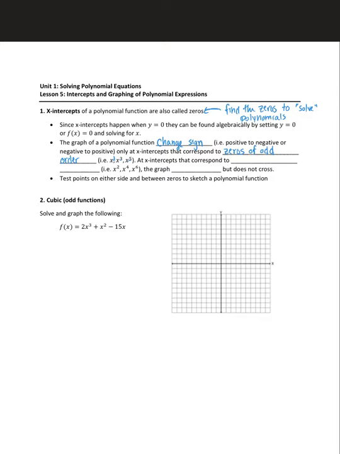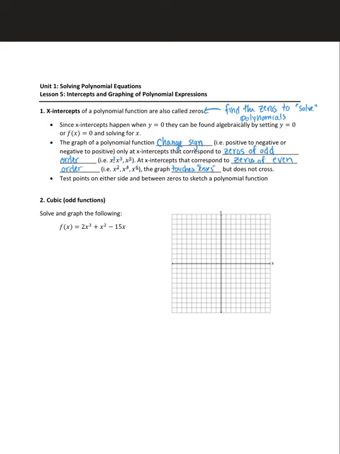If x-intercepts correspond to zeros of even order, like x squared, x to the power of 4, x to the power of 6, those are all evens, then the graph touches, or kisses, but does not cross.